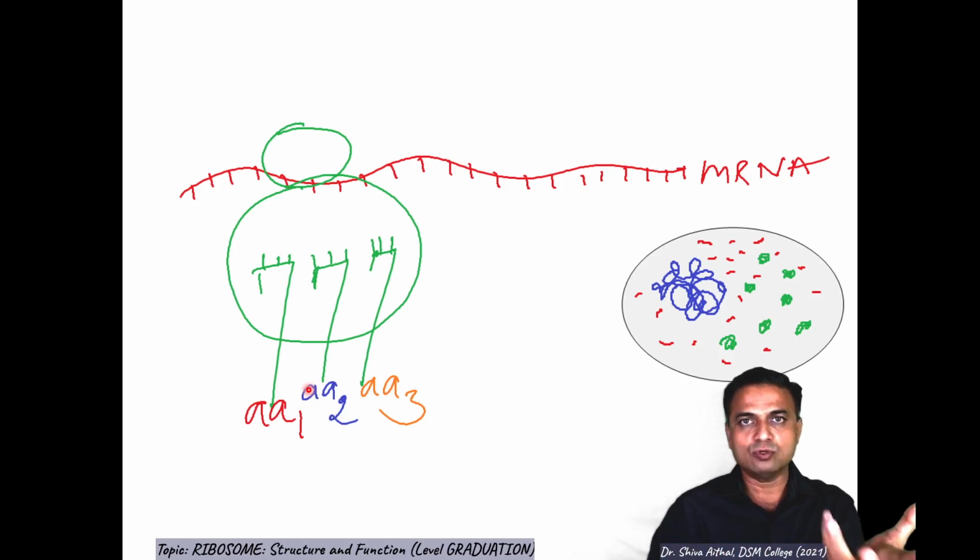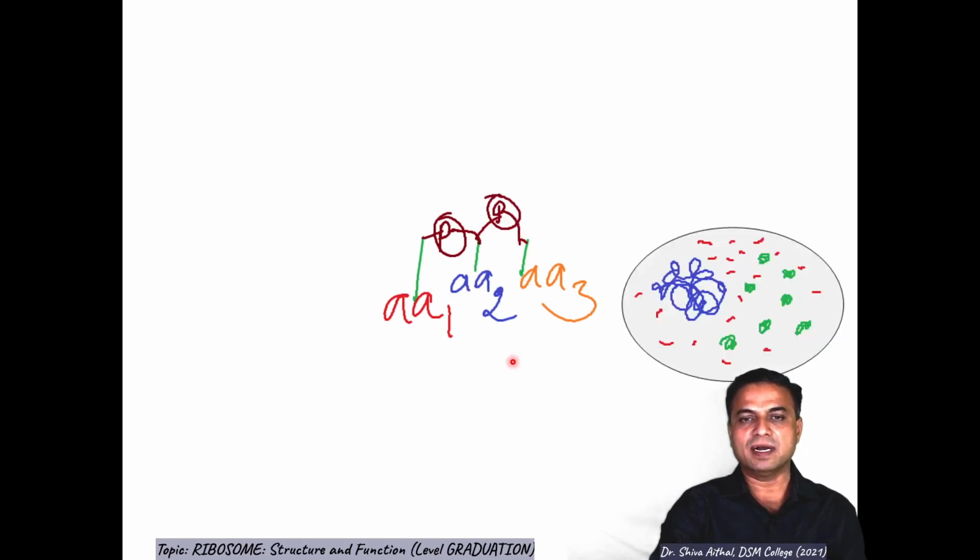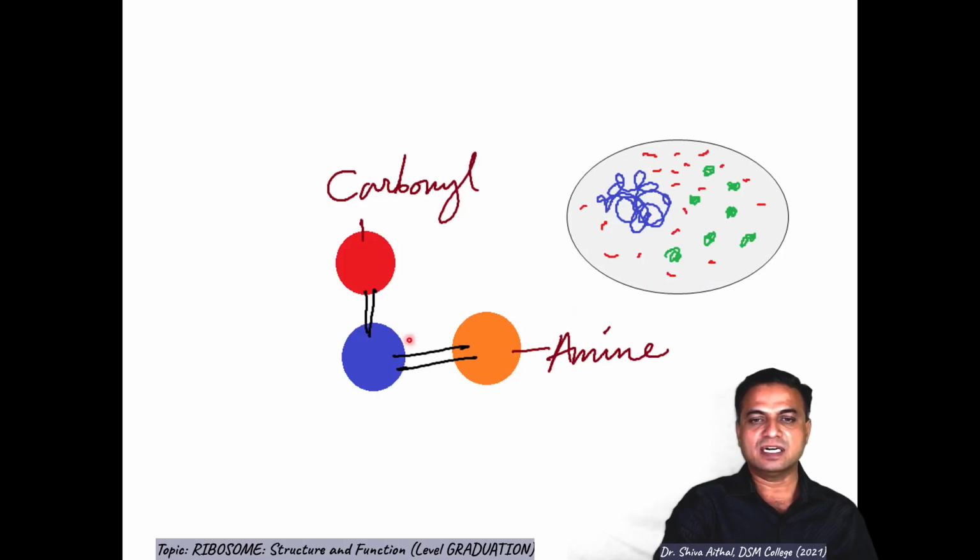So you see, ribosome is very important. This is the polypeptide bond between two amino acids. Now for the third to the second amino acid, there is need for another peptide bond, and it's like this. First, second, third, they are bound by peptide bonds. These are the peptide bonds, and you have a polypeptide chain, that is the protein in the cell factory.